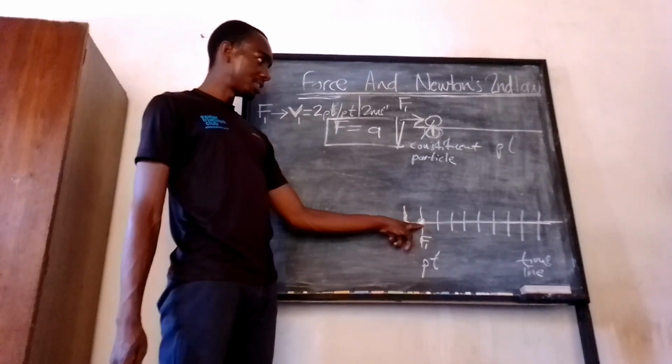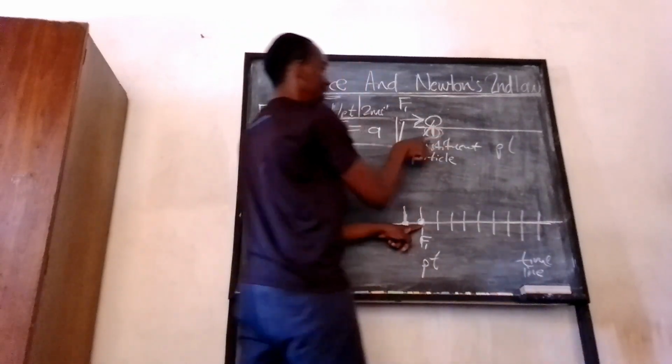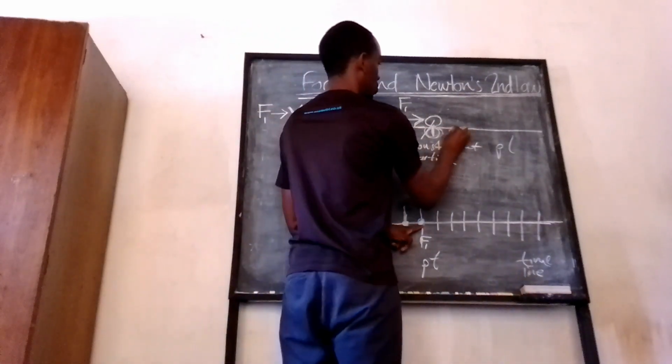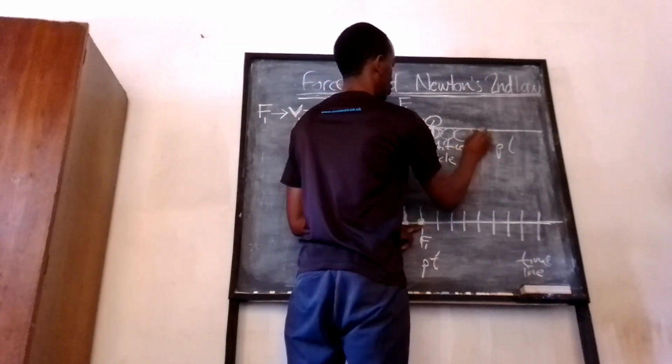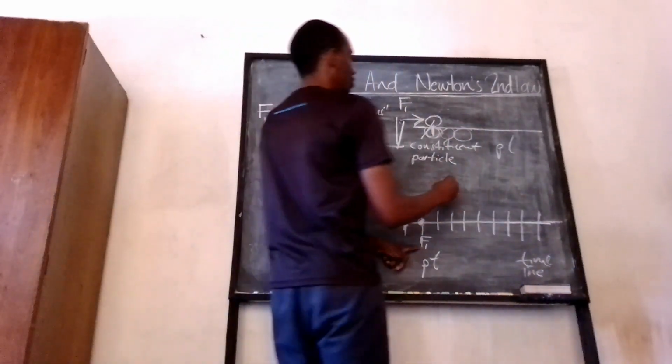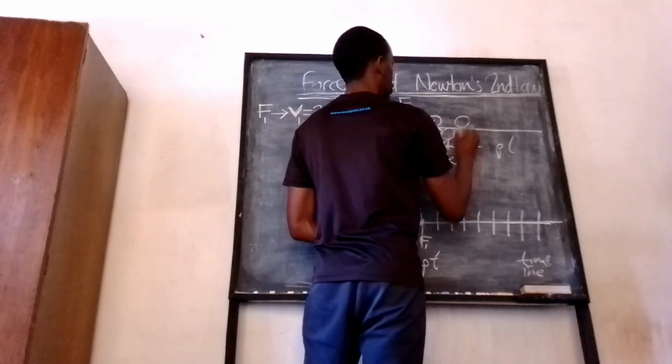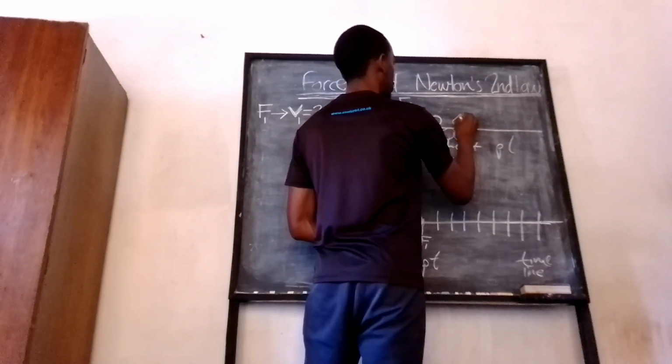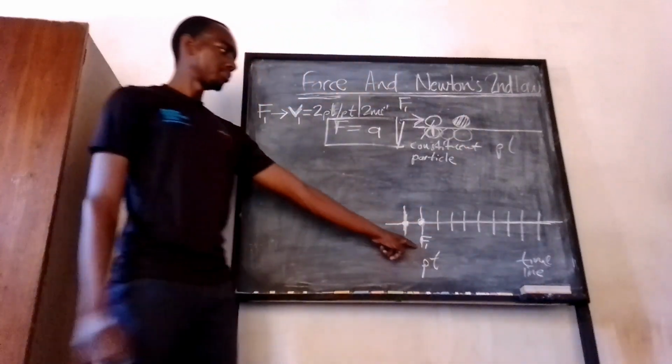This is 1 part time, and this is 1 part length. So we go 1, 2. When I apply a force of F1, the body is going to get to this point. Remember I said motion is an act of disappearances, so the body is going to appear at this point.